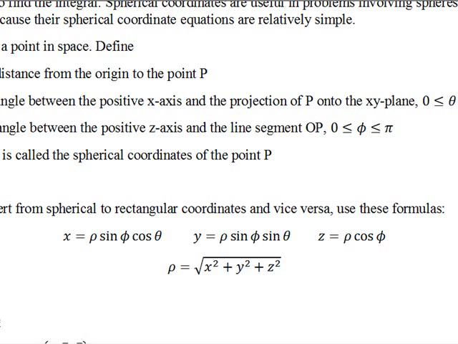Encircle them, highlight them, you need them. x equals rho sine phi cosine theta, y equals rho sine phi sine theta, z equals rho cosine phi, and rho is the square root of x squared plus y squared plus z squared, or basically rho squared is x squared plus y squared plus z squared. Alright, let's do some conversions.